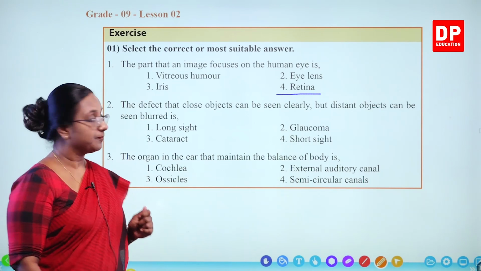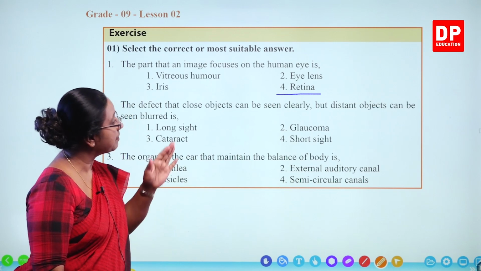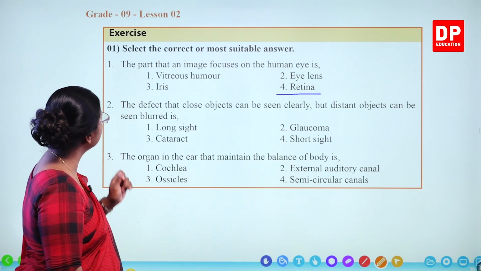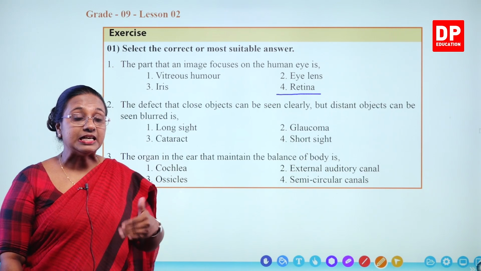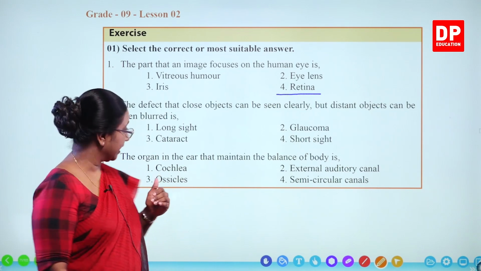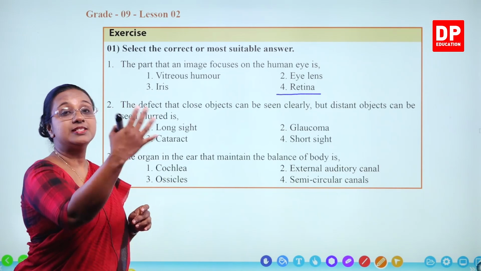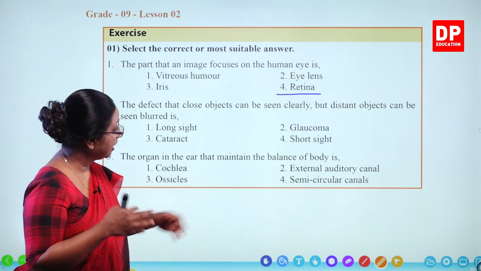Then the second one, the defect that close objects can be seen clearly but distant objects can be seen blurred. So, you can see the close objects clear, distant objects are blurred. So, it has to be the short sight. Long sight, you can see the far objects clearly, close objects look blurred.